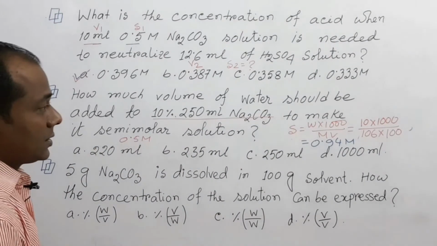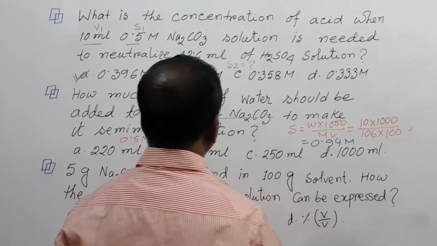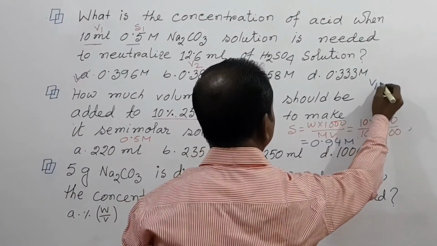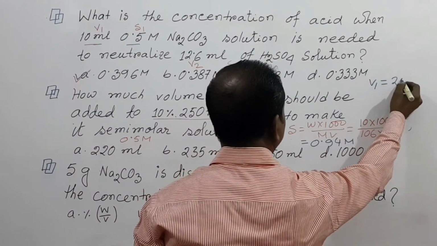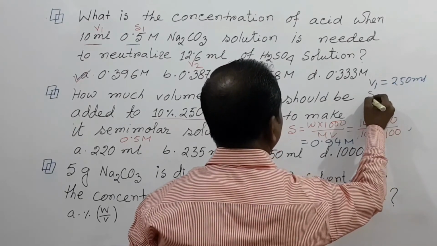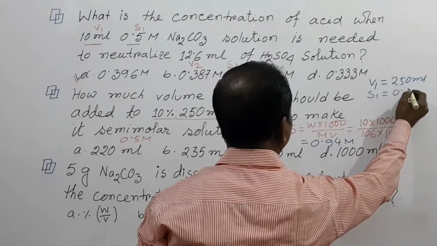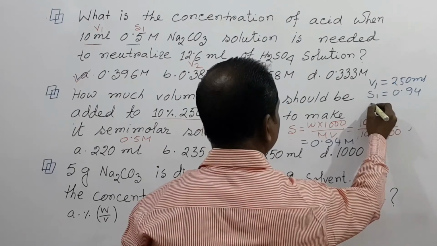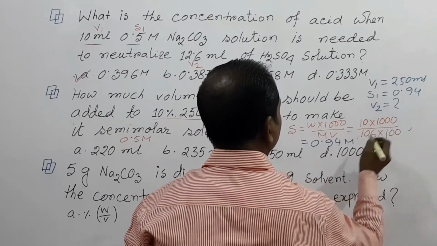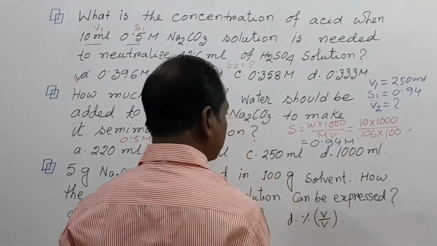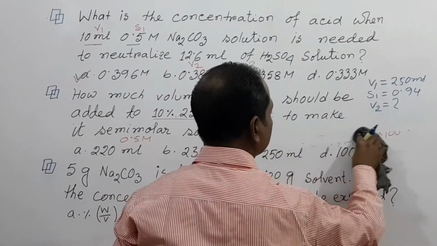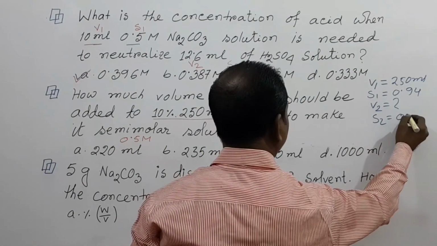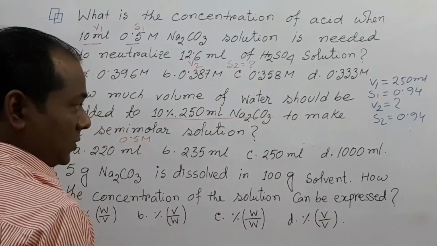Okay, now we have to prepare this solution to a semi-molar solution. Now, my dear students, if we write like this, V1 equal to 250 ml, S1 equal to 0.94, and V2 equal to what? And S2 equal to 0.5.